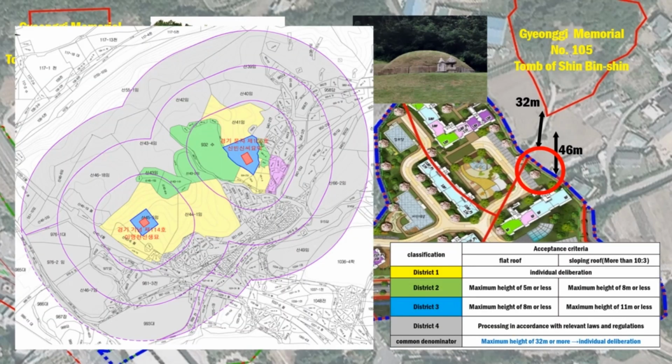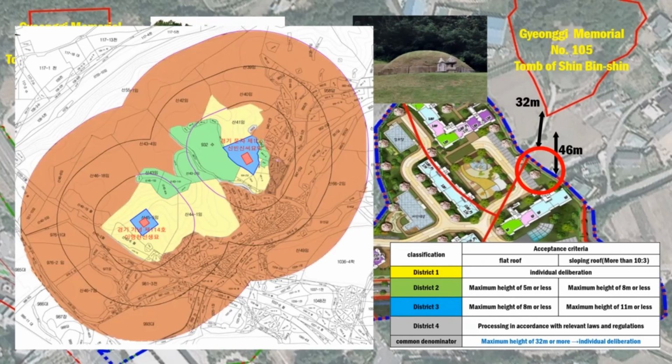In Gyeonggi-do, all architectural activities within a 300-meter radius of cultural properties are included in the change of cultural properties within the cultural environment preservation area. Our site corresponds to the fourth zone in the division by zone.